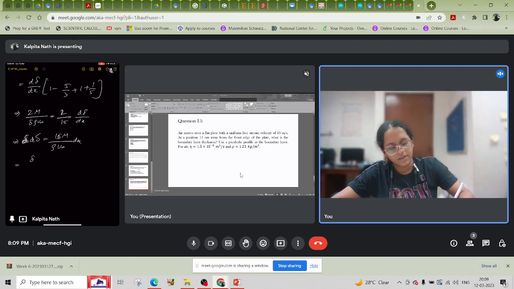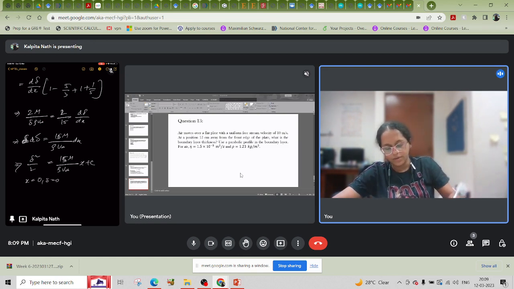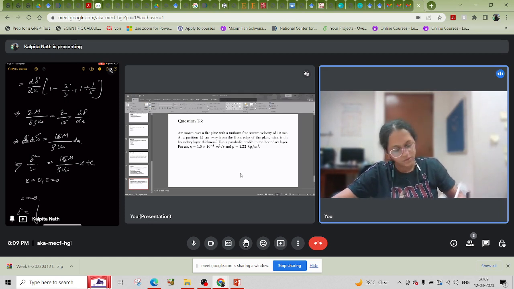So this is delta square by 2 is equal to 15 mu by rho u infinity x plus c. It is assumed that at x is equal to 0, delta is equal to 0. Therefore, c is equal to 0. Therefore, delta is equal to root over 30 mu by rho u infinity x.